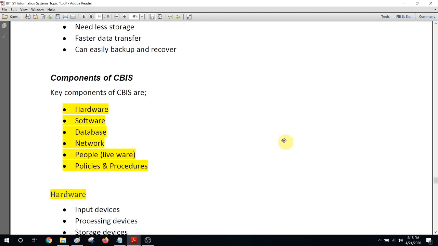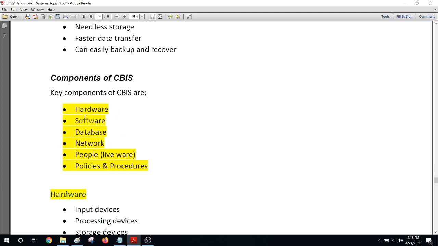right. Now we are going to discuss the components of CBIS. This is a very popular question in your exam paper also. What are the components of CBIS? Basically the components are hardware, software, database, network, people, sometimes we call it liveware, and policies and procedures. Remember, in a computer system we just subdivided into hardware, software and liveware.